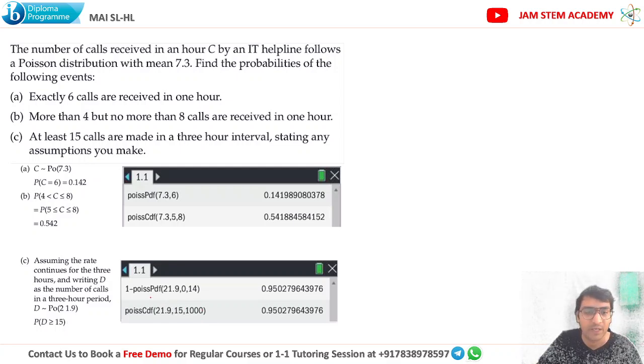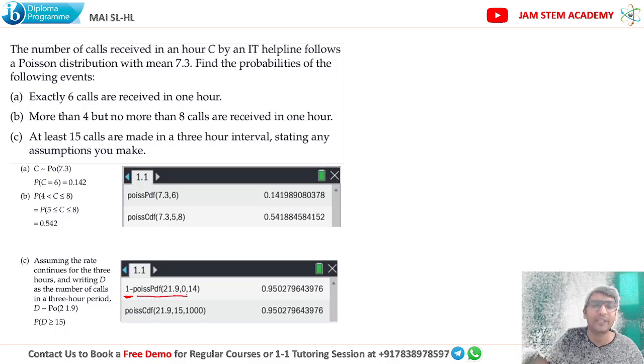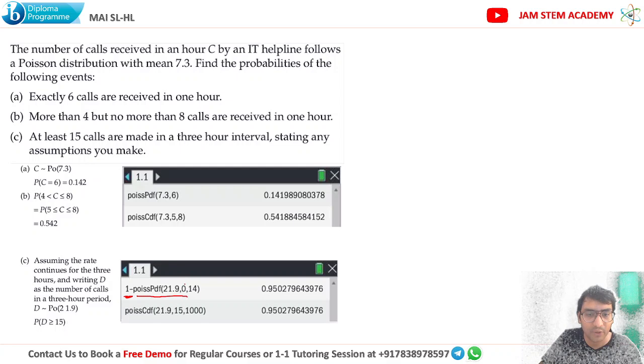There is no problem. Or you can also calculate 1 minus the probability that it is less than 15. So you can take the lower bound from 0 to the upper bound as 14 and subtract that probability from 1. That also gives you the same answer. So in both cases, we are getting the same answer, and hence our answer is 0.950. I hope you got this. Okay, next one.